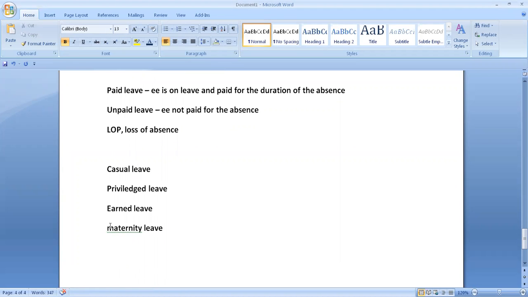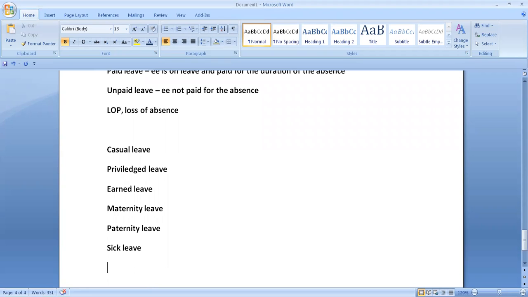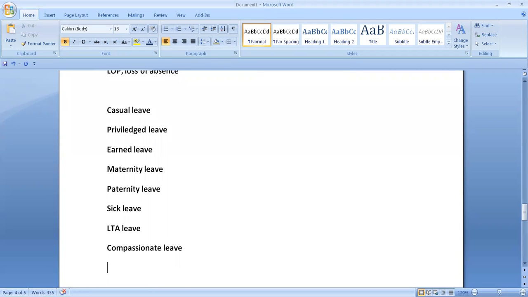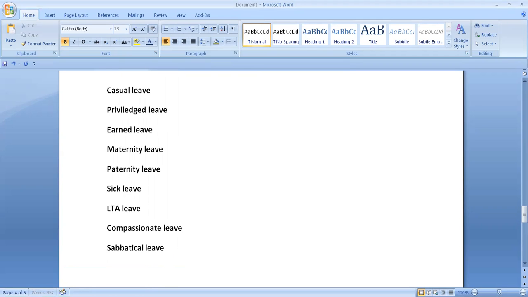Maternity leave. Sabbatical leave. Let me type some of the leaves.